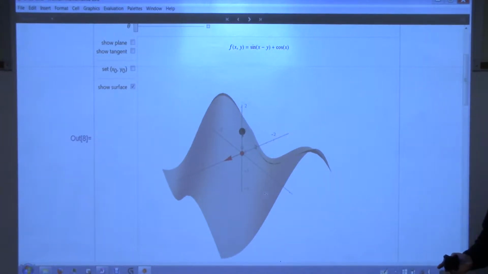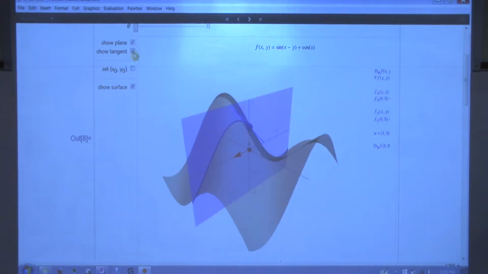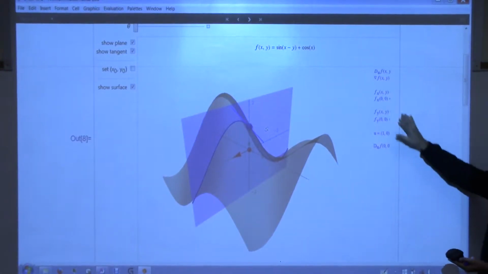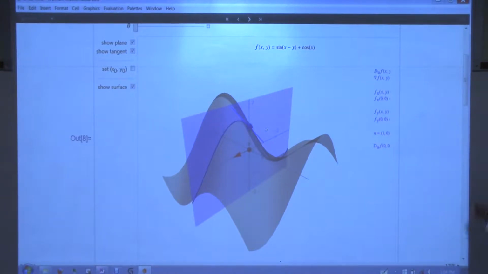So if we were to find the slope of the tangent line as we are pointing parallel to that red vector, then what we're doing is holding y constant, and we're slicing this thing through, creating the curve, and then finding the tangent line, which is that blue line. I don't know if you can see that. That's what that partial derivative with respect to x would be, yeah?